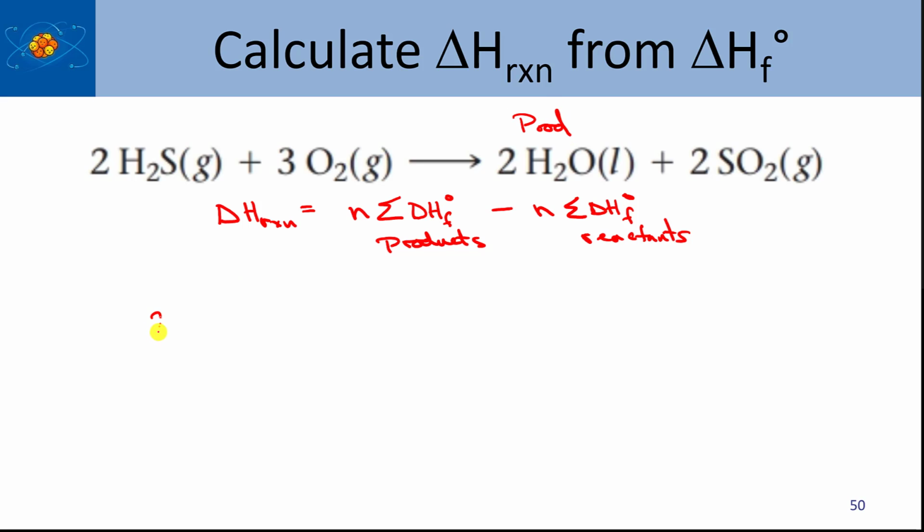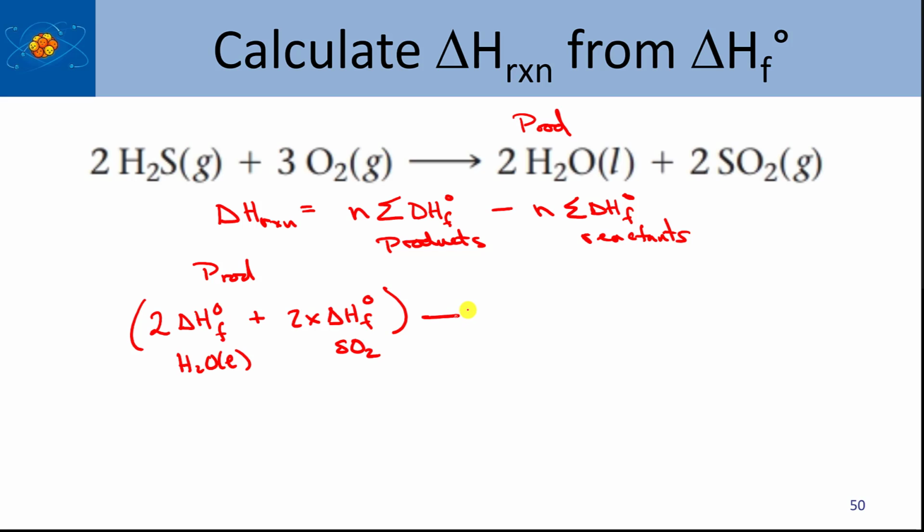And so I'm going to say 2 times the delta H of formation for water in its liquid state. And then I'm going to add to that 2 times the delta H of formation for SO2, sulfur dioxide. And then that'll be the energy of my products.